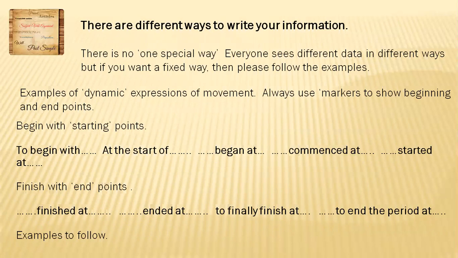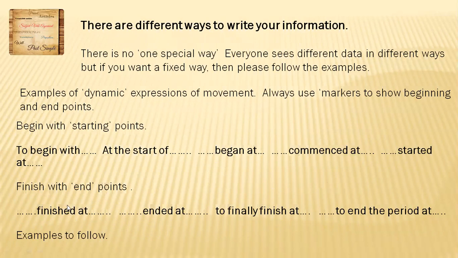So we could say, to begin with, student numbers, or at the start of the time period, or the number of male students began at, and then followed by the number. Female student attendance commenced at, and something started at. So you can either use to begin with, at the beginning, or you can use your topic to introduce the sentence and then follow it with these.